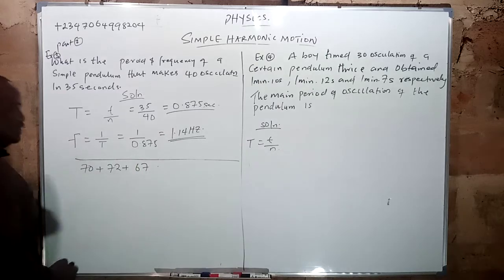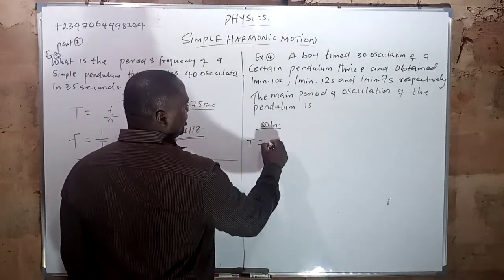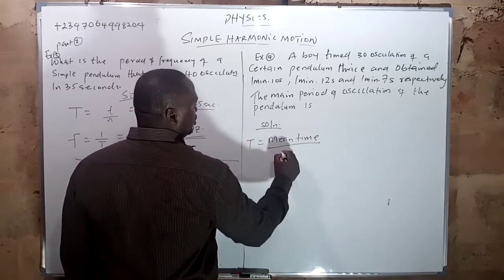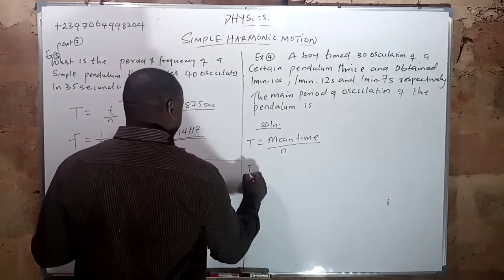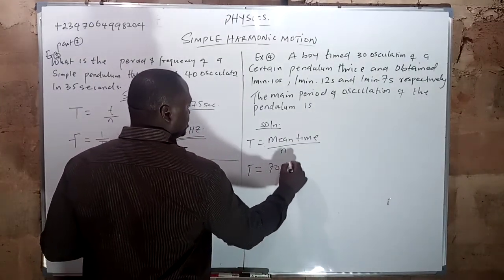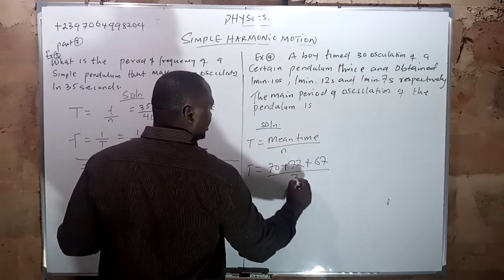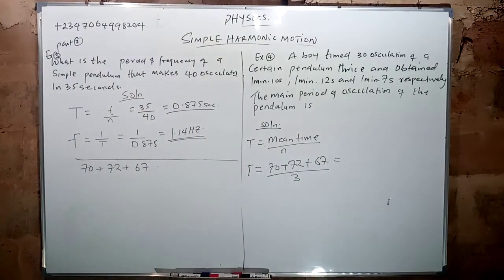So for you to solve this, you have to get the mean time all over the number of oscillations. And the mean time is 70 plus 72 plus 67. You have to divide it by 3 first. Whatever you get will be your mean time.